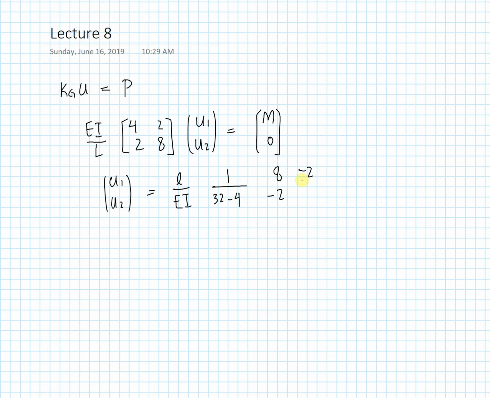So we got 8 and 4. It's okay if you don't remember this. This is a fairly straightforward process that we sometimes need to remind ourselves of. So we get the following deformations: L over 14 EI, 4M, and minus M. Oops. Let's draw better lines. Okay, and I'm going to try to be as neat as I can be.